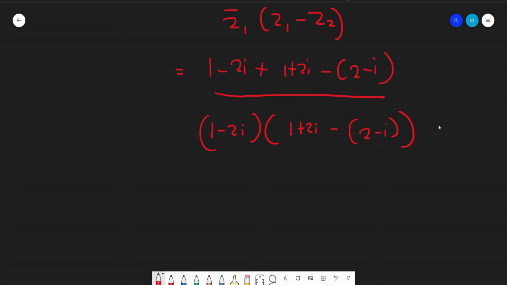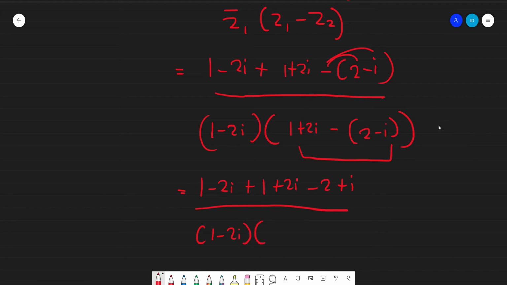So we can simplify it by adding up the like terms. If you want to expand it, then you may. So you will get 1 minus 2i plus 1 plus 2i minus 2 plus i, then divided by, okay, you can simplify inside the bracket first, then expand it, so that it makes things easier. So 1 minus 2i, and then you expand the bracket, you will get 1 plus 2i minus 2 plus i, close bracket.